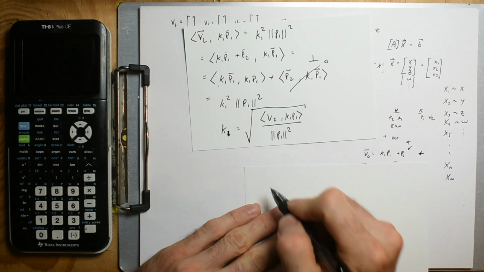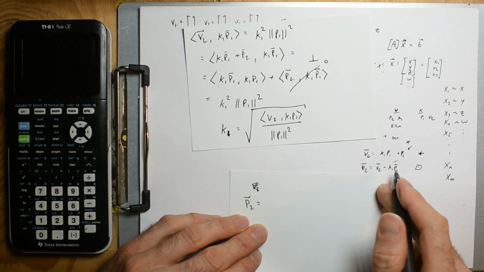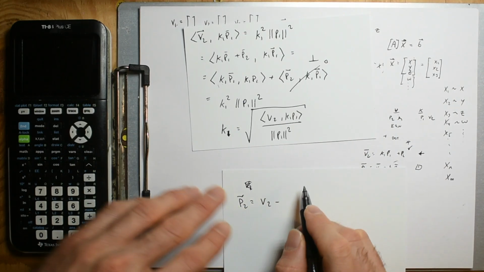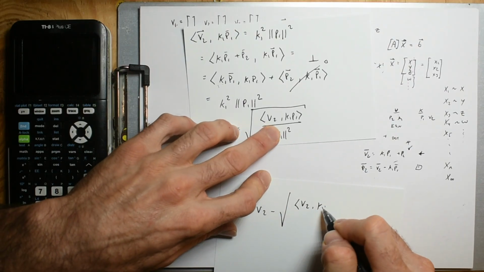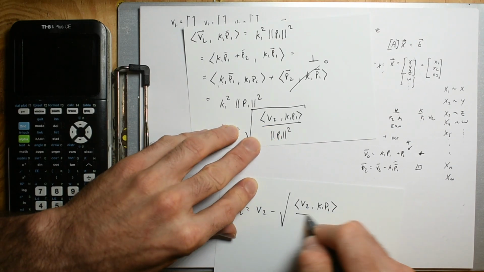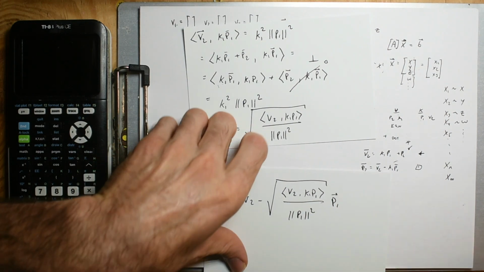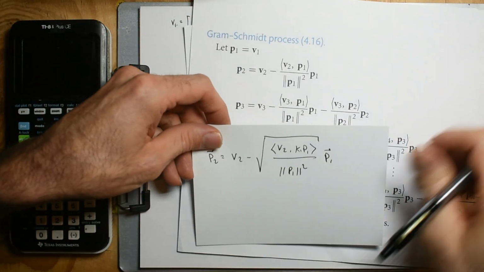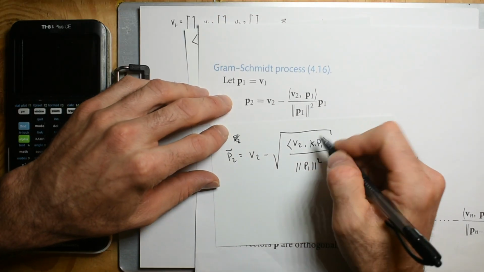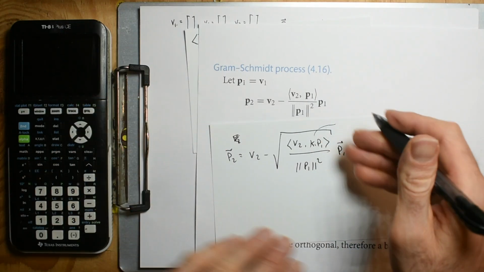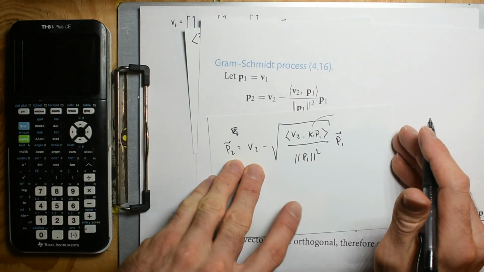So let's put it into our equation that our perpendicular vector P2 is going to be V2 minus K1, so it's going to be all of that multiplied by P1. So that would be the difference, and that just isn't super tidy. It's going to give you the same answer, but then you're going to have to solve for K1. You would have to solve for K1 every time.